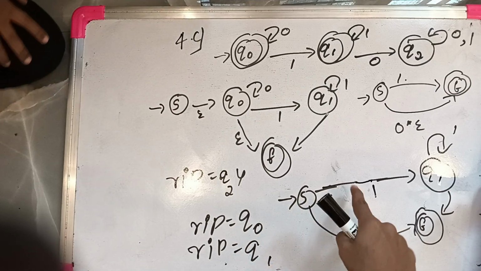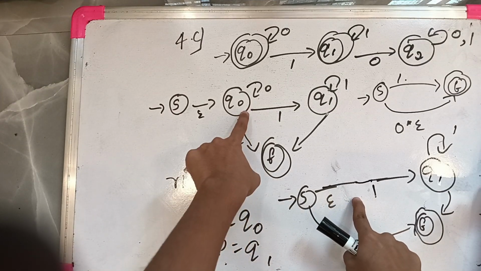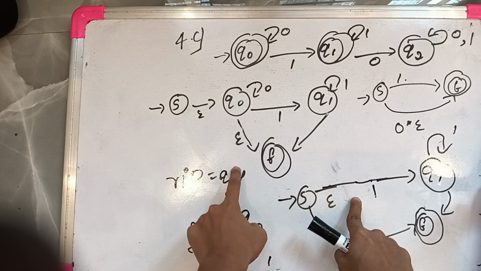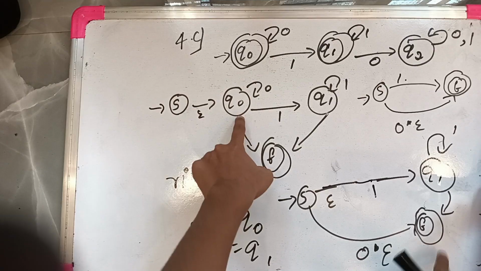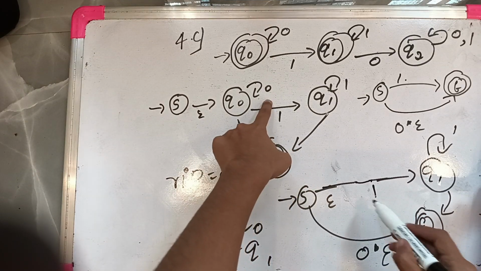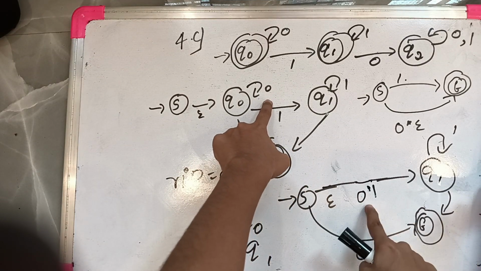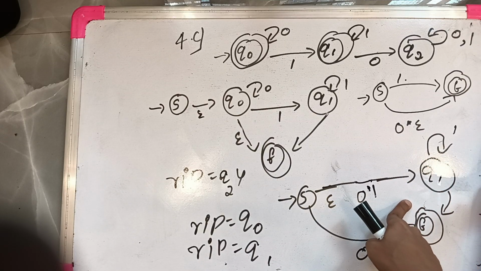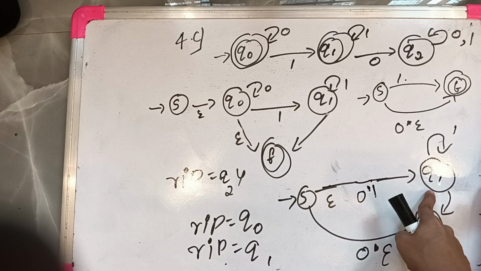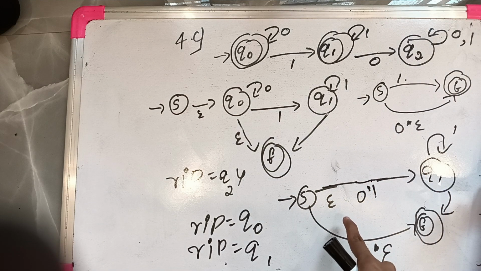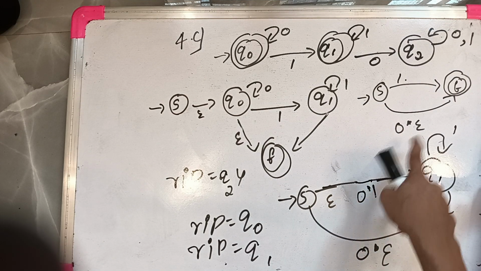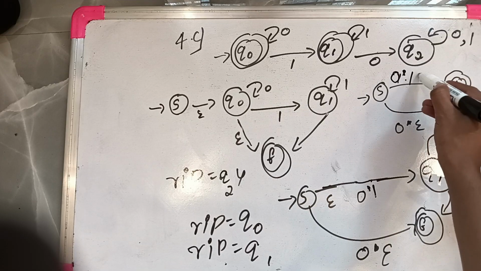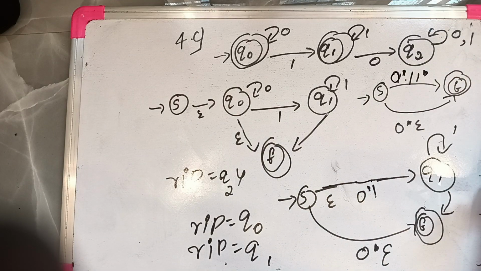Sorry, one more thing is left here. If we remove q naught, one path is 0 star and epsilon to the final state, and also along with the 1 we have 0 star, right? 0 star 1, next 1 here. In the next step, if I remove q1, then it becomes what? 0 star 1 and again 1 star. Here 0 star 1 and 1 star.